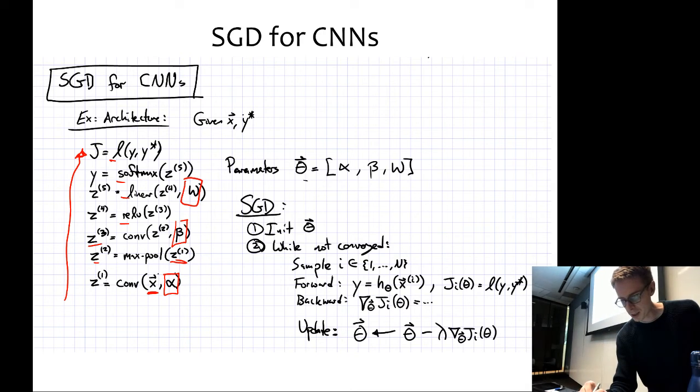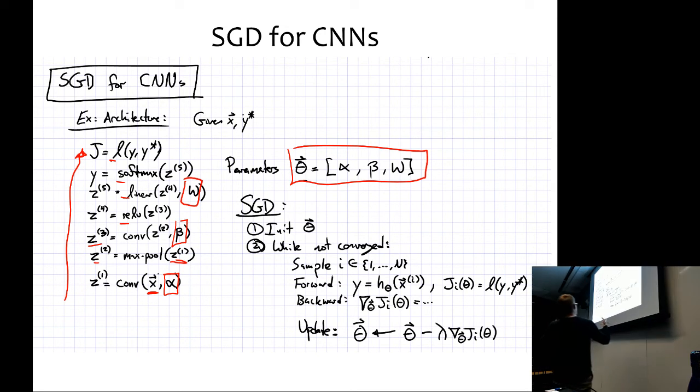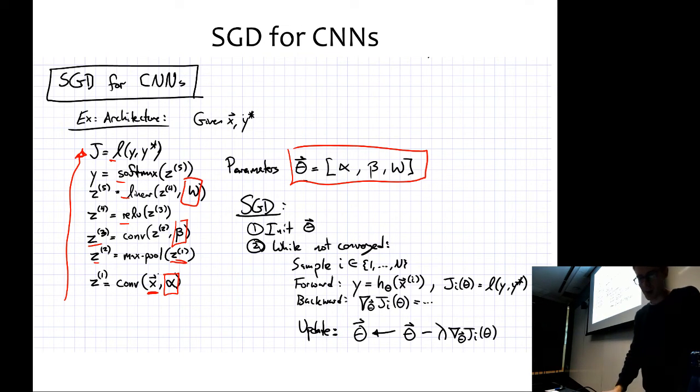Our parameters you could think of as just an object theta, which is the vectorized version of alpha, beta, and w. You can imagine taking those parameters and stretching them out into long vectors, concatenating them together to get a long vector theta.